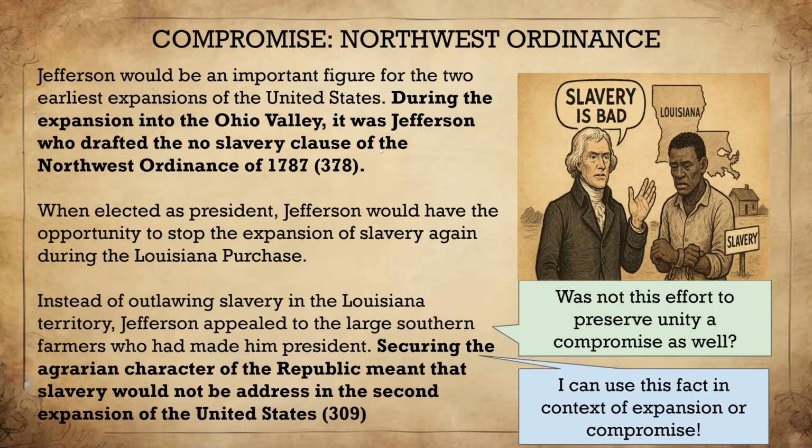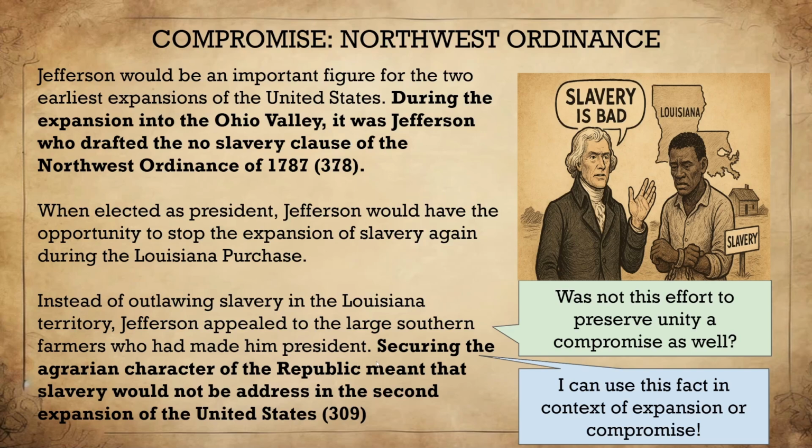However, a compromise is taken to not upset the Southern slave owners and the Southern states and the Southern delegates. Slavery was not addressed for the rest of the nation. It was only confined to the Northwest Ordinance, really in the North Ohio River Valley. Many historians view this as the first compromise of Jefferson on slavery.